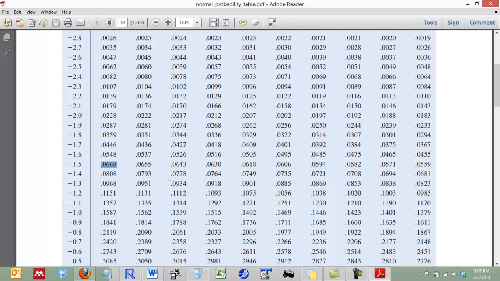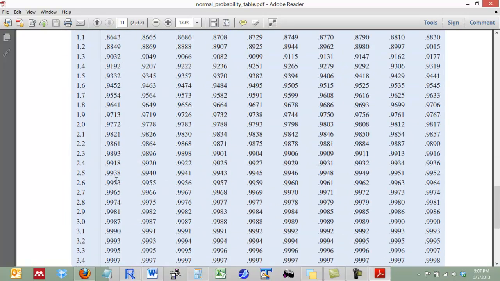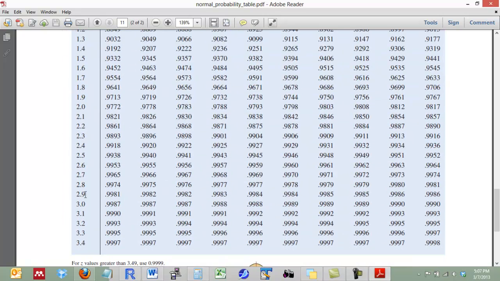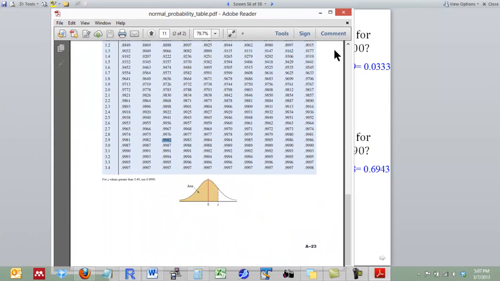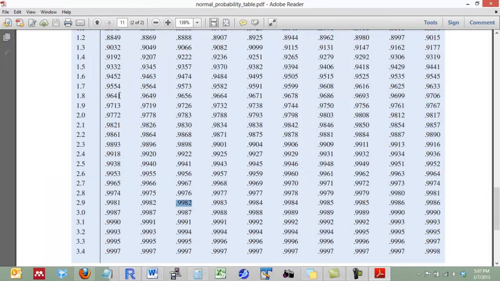If you want to double check that, for 2.92, that is 2.9 and then 0.02, and that was my first number. 0.9982 is everything to the left, so less than 2.92. The other number we needed was 1.81. 1.80, 1.81 is right here.